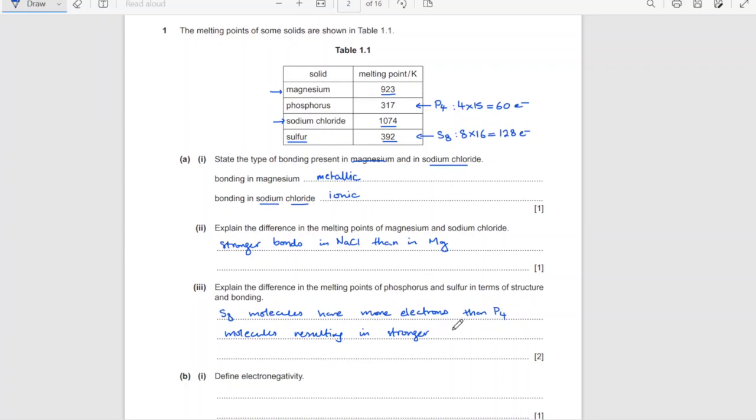Now you can write that abbreviation ID, or if you remember the entire name, it's better to do that. So I'll write the entire name: stronger instantaneous dipole, induced dipole forces.